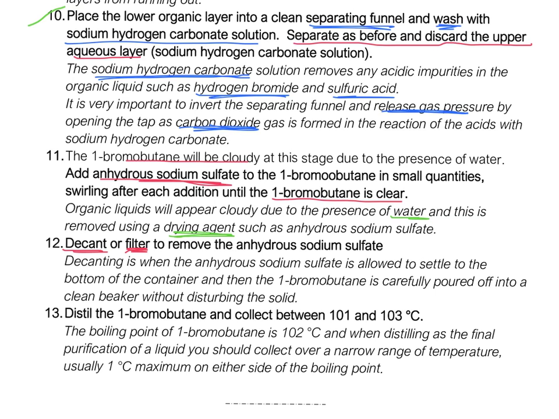Filtering, you'll know what that is. And obviously we're collecting our filtrate. But decanting, if you're not aware of it, is basically just allowing your anhydrous sodium sulfate to settle at the bottom and then gently pouring off your liquid, without allowing the solid to flow through as well.